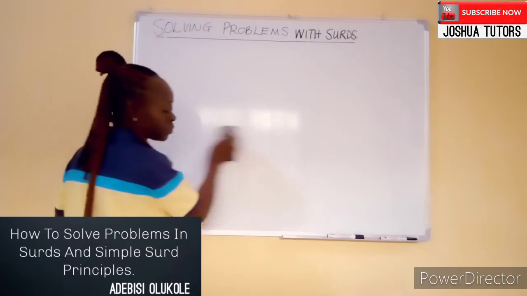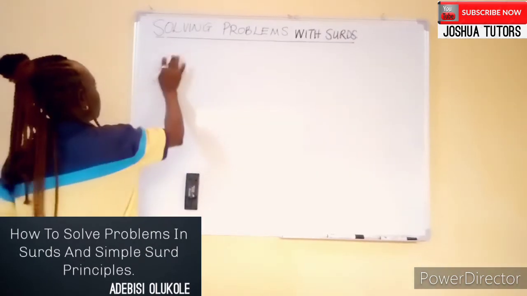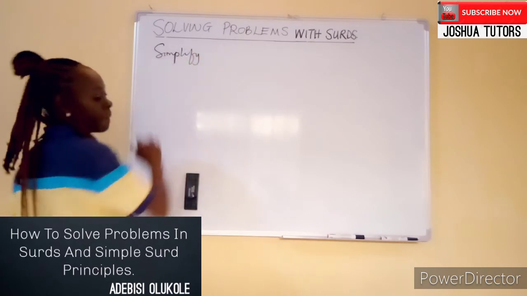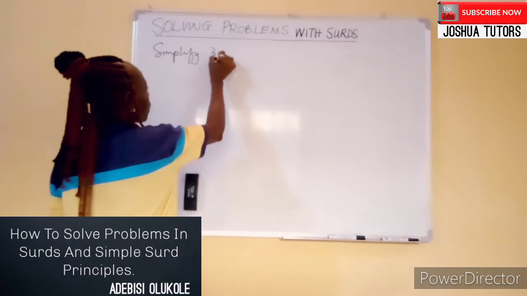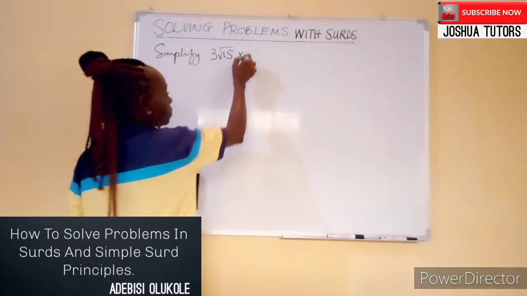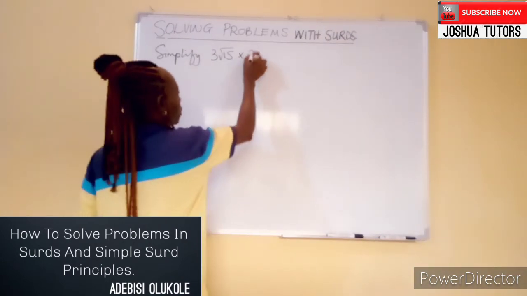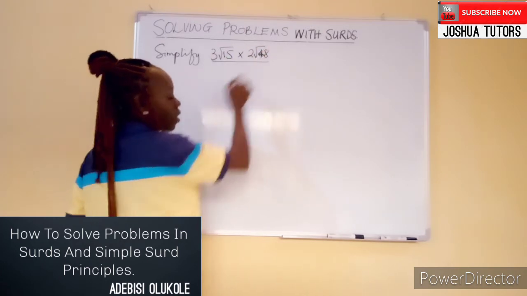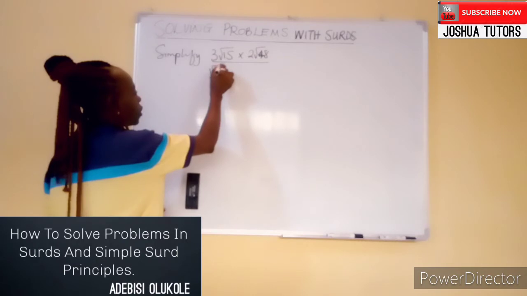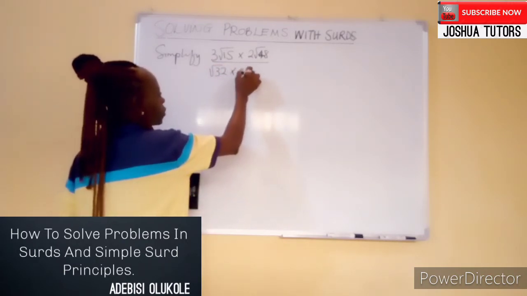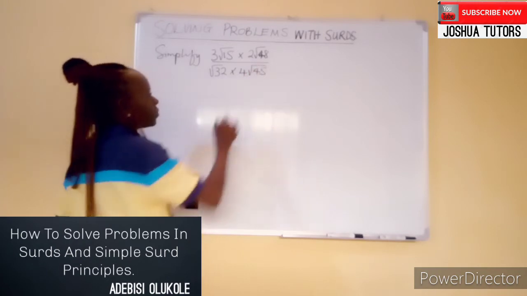We have an example which says that we should simplify 3 surd 15 times 2 surd 48, all over surd 32 times 4 surd 45.